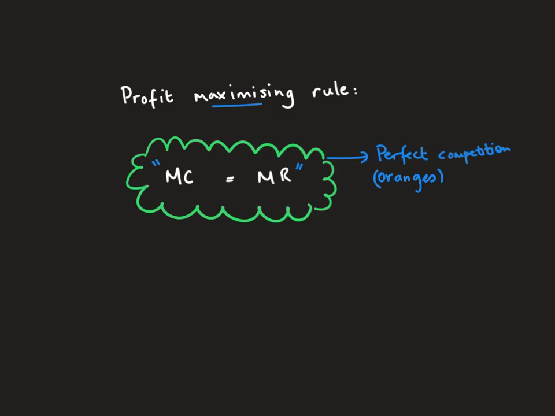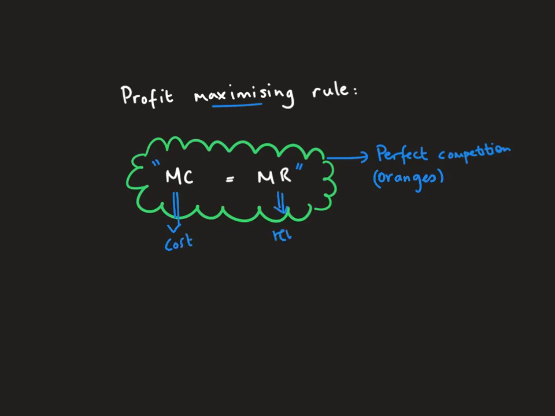If you raise your price too much, you won't sell products because a customer can get the product from somewhere else. And you also don't want to lower your price too much because you won't make a high enough profit to survive.